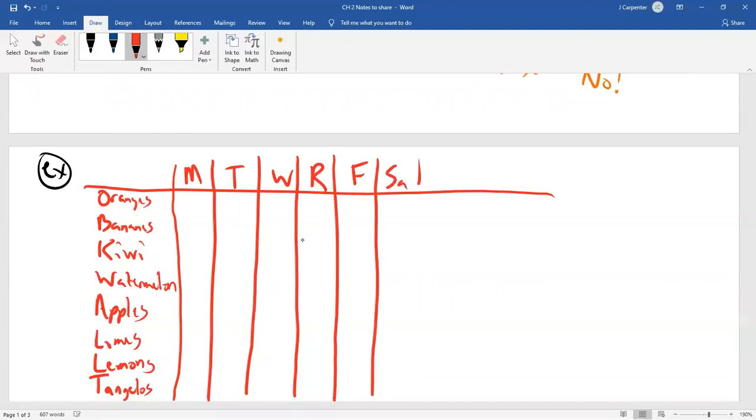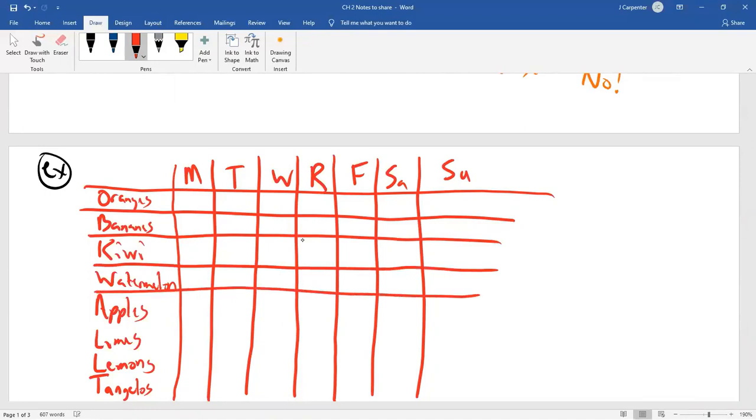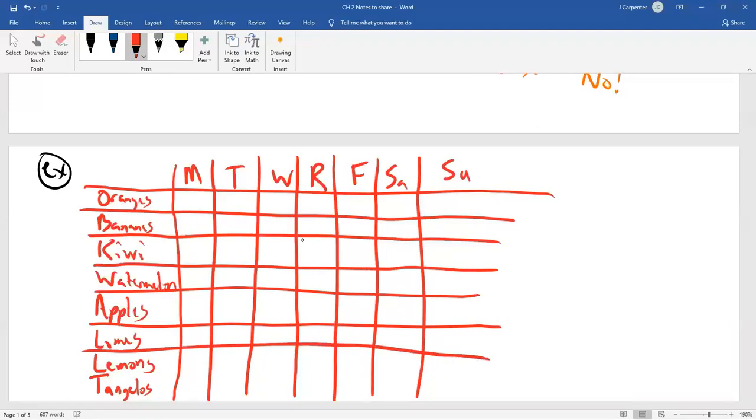Saturday, we'll do SA. Sunday, we'll do SU. And then just finish the horizontal lines. Big table, big table. Give you a second to do that.